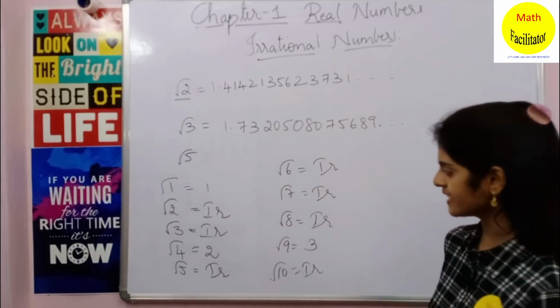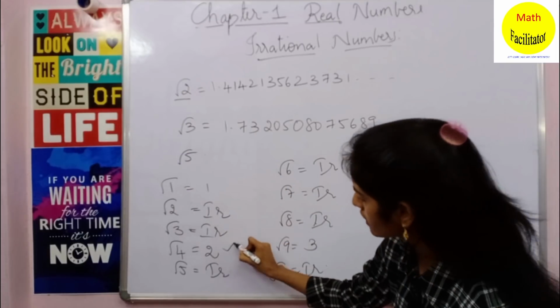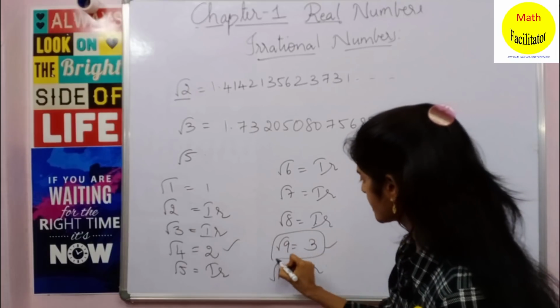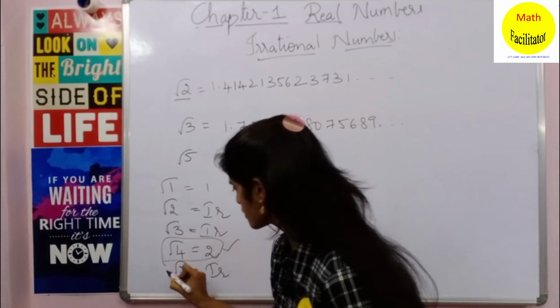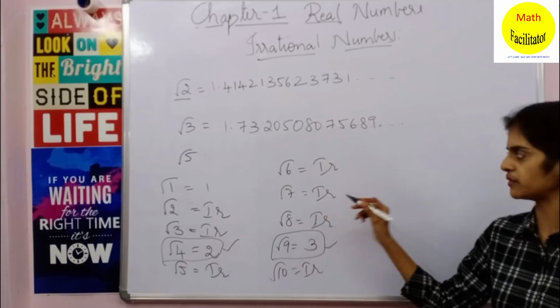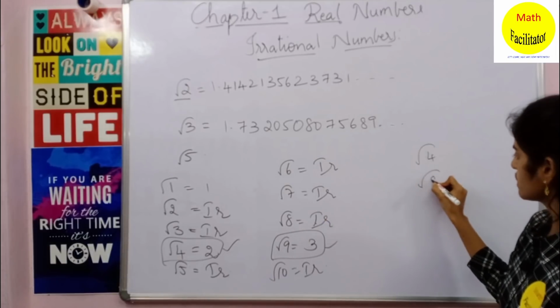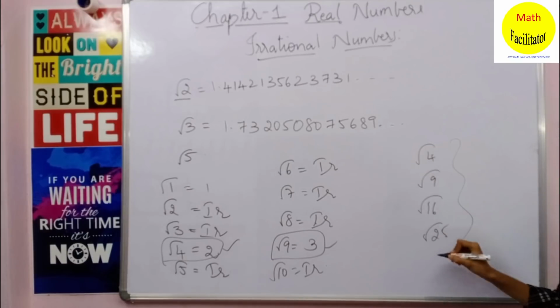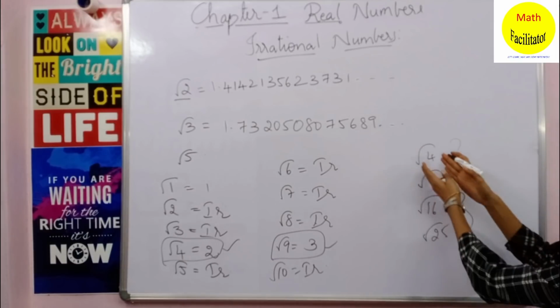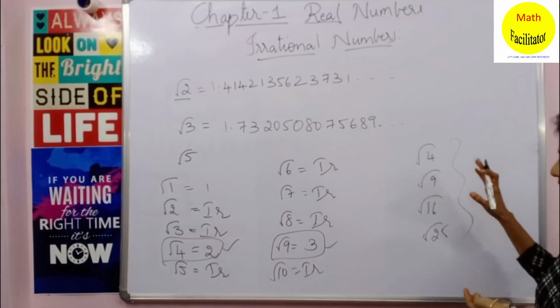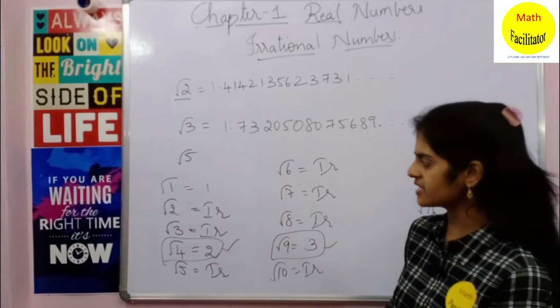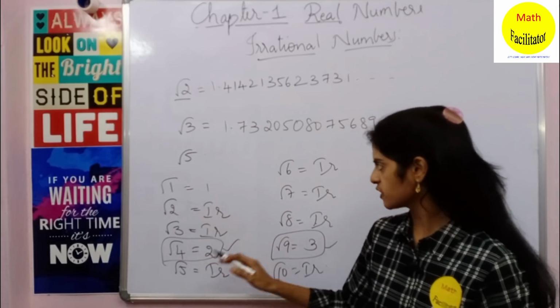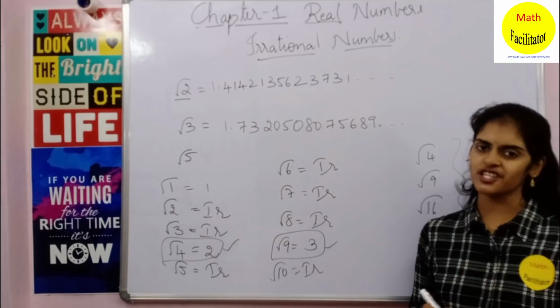So you can see that root 4 and root 9, these two are perfect squares. You can find out the square root of these numbers. Similarly root 16, root 25, all these are perfect squares. Other than these numbers, all the other numbers like root 2, root 3, root 5 are called irrational numbers.